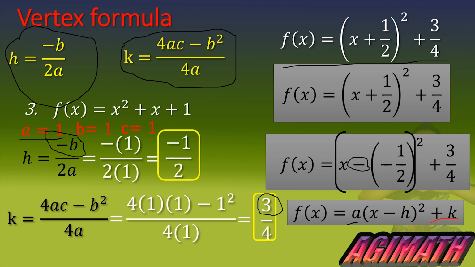But since the value of our k is positive, then this is just plus. So from this part, you interpret this one as negative times negative. That's the basic. Negative times negative, that's why it becomes positive. I will just erase because it might be mistaken as plus minus. So that is the reason why it becomes positive.